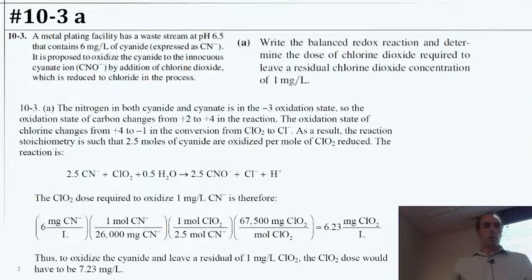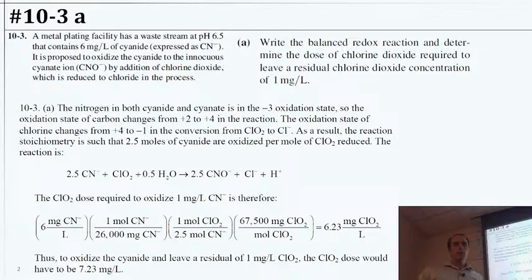All right. So the fun begins. So 10.3a, I went ahead and gave you the book solution to this part to make sure you're getting the crux of the problem before jumping into the more complicated pieces. It's very much similar to what we just did on 10.2. So here we have a metal plating facility with a waste stream at pH 6.5.